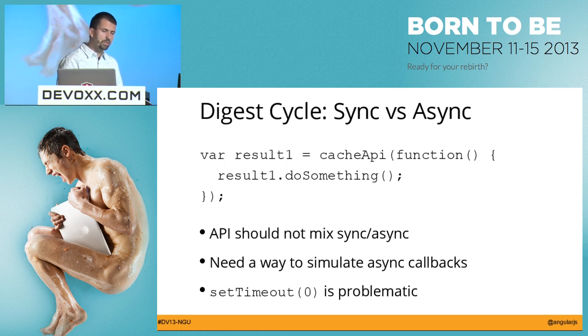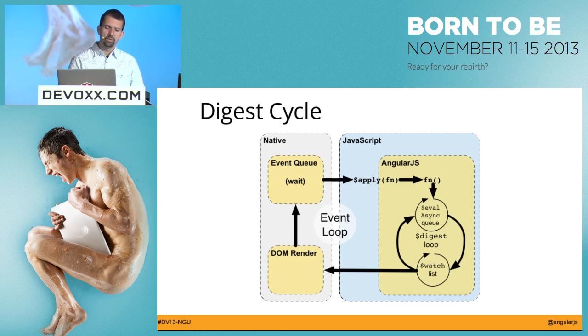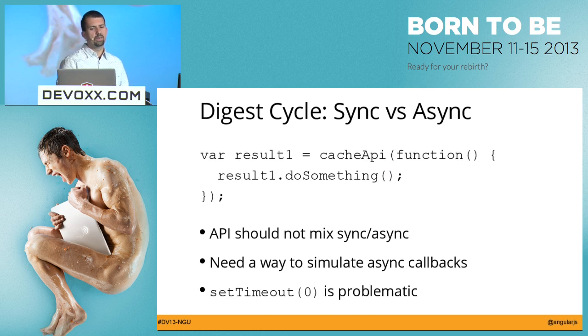But setTimeout 0 is very problematic for us for a couple of reasons. Mainly that in this previous diagram over here, setTimeout 0 means that we exit the JavaScript world and we go back into the native code. But notice before we go back to the event queue, we insert this box that's called DOM renderer. And what that does is it will do a reflow of your DOM and it will try to repaint any rectangles that are necessary. The trouble is that we might have been in the middle of trying to render something to the user.